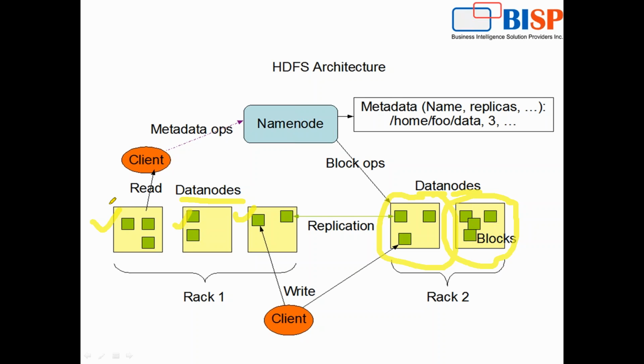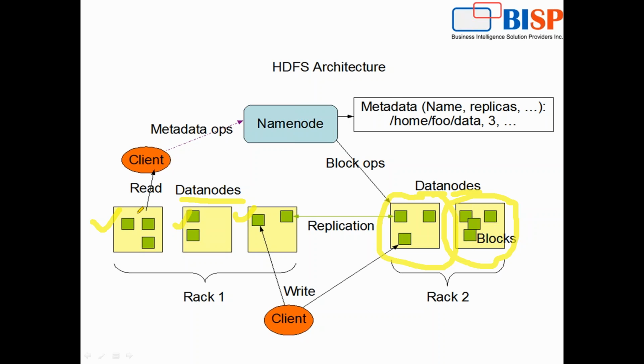So the data is distributed across the data nodes, right? That's the reason it is called a distributed system. The Hadoop architecture is designed in such a way that the data is distributed across the data nodes so that the processing can be done parallelly. This saves processing time.